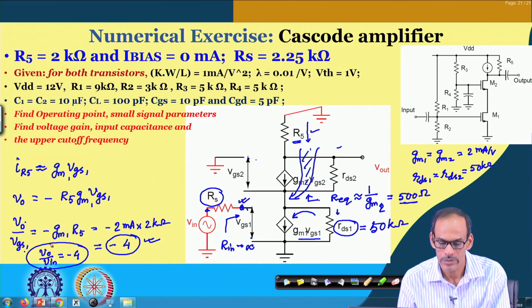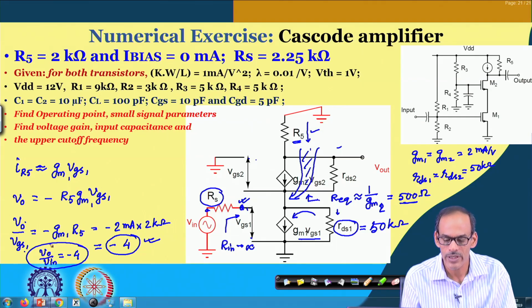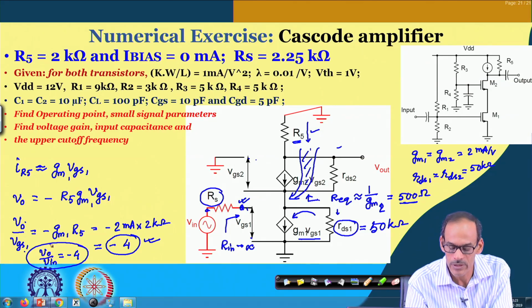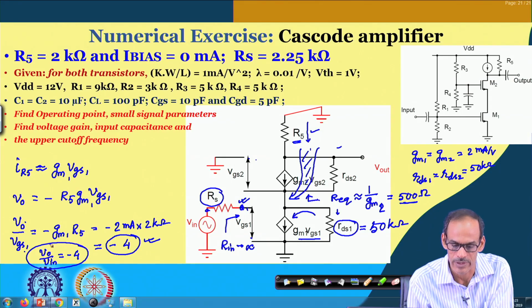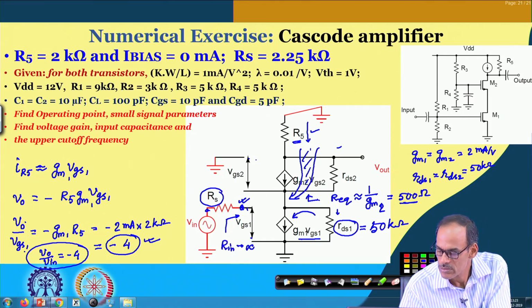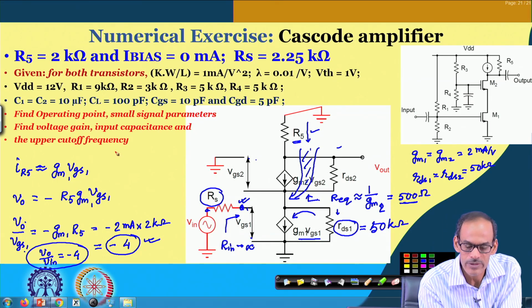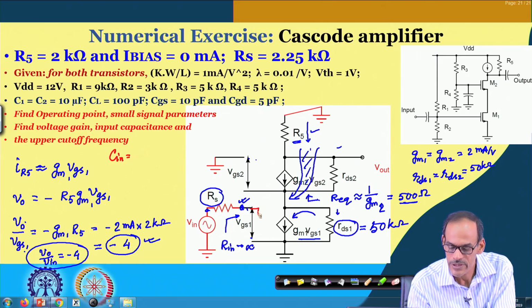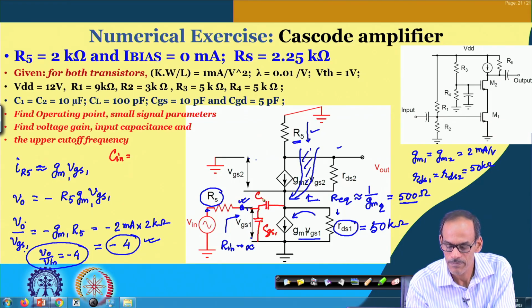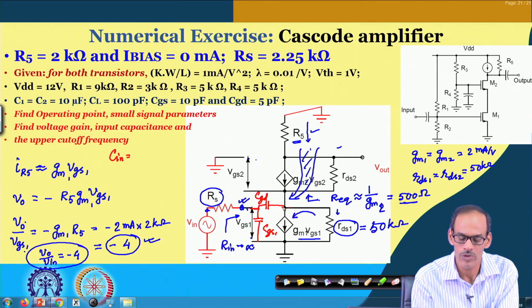Now, the next thing is the input capacitance. So let us see the input capacitance. Cin equals CGS in parallel with CGD multiplied by whatever gain we have.